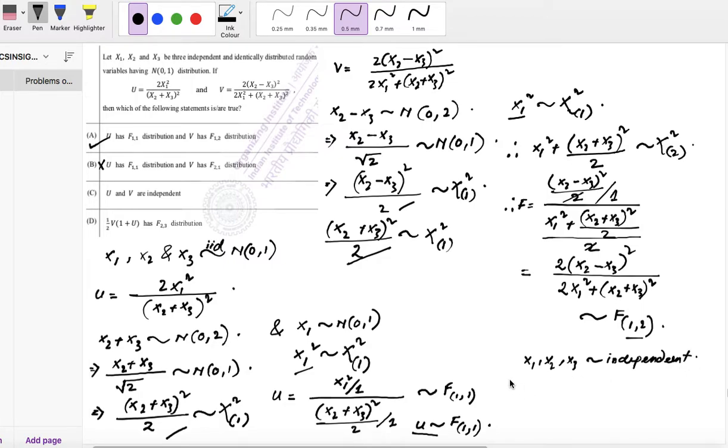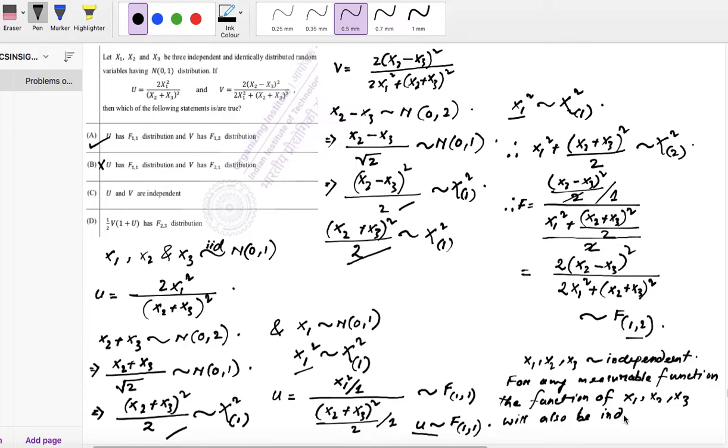So we know that any measurable functions of x1, x2, x3 will also be independent.